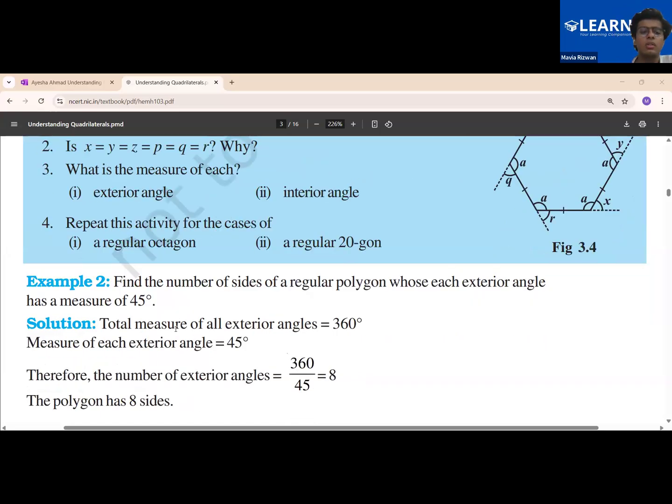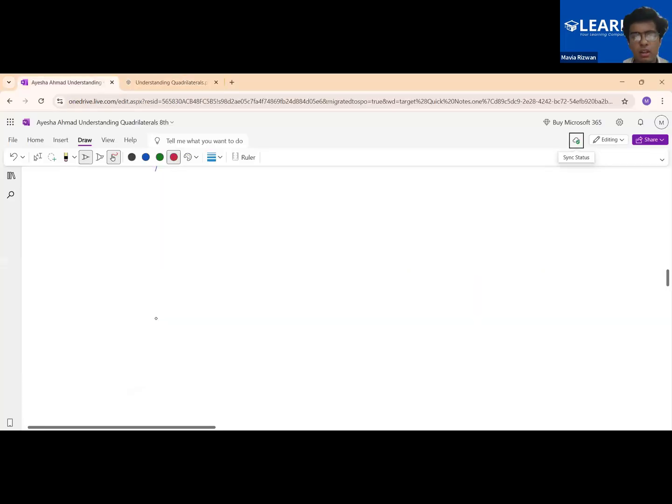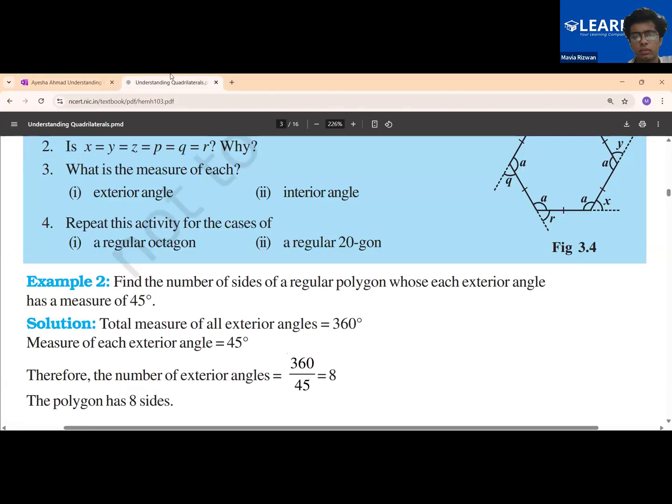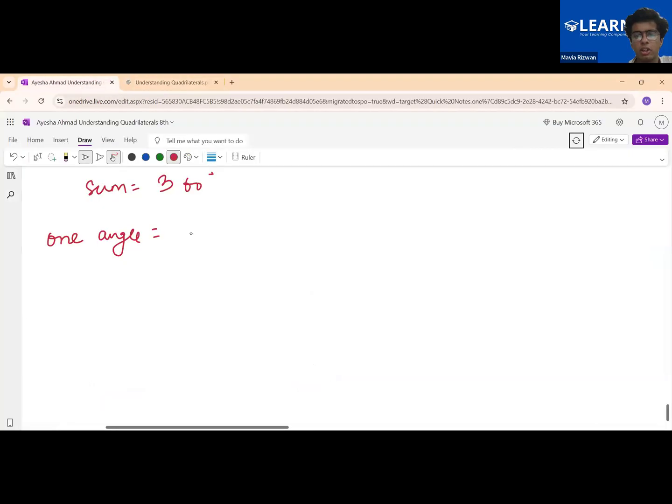Now, we know for a fact that the sum of exterior angles is 360 degrees, right? And here it is given that one angle is equal to 45 degrees.